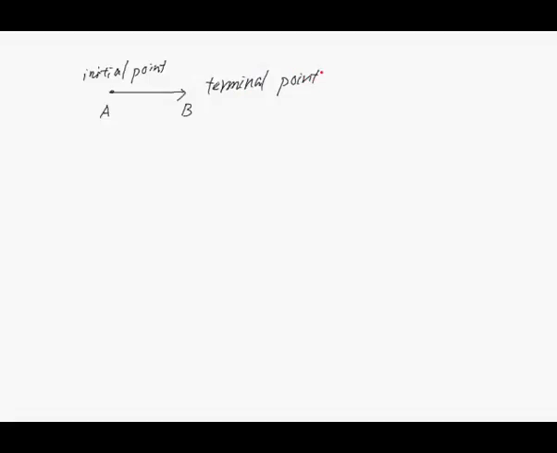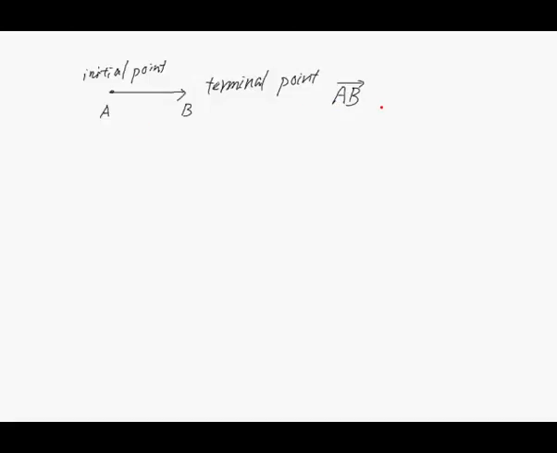And the notation for this vector is vector AB. So we use an arrow above these two letters to indicate this vector.